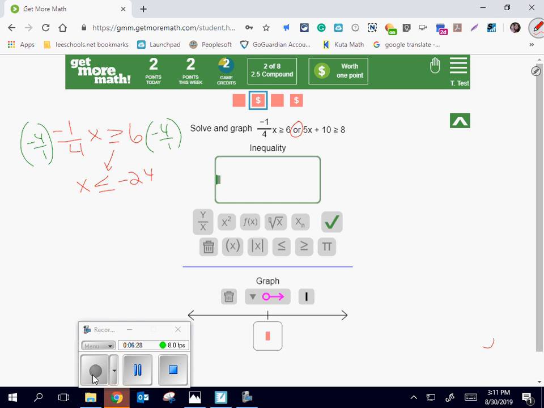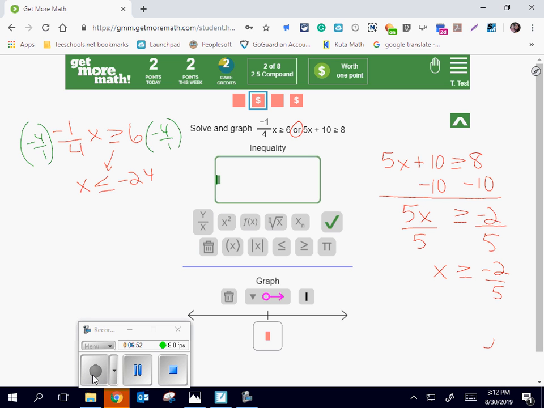That is one. The other side I'm going to do over here, we have 5x plus 10 is greater than or equal to 8. If I subtract 10 from both sides and divide by 5, I'll have my other side, which is x is greater than or equal to negative 2/5.